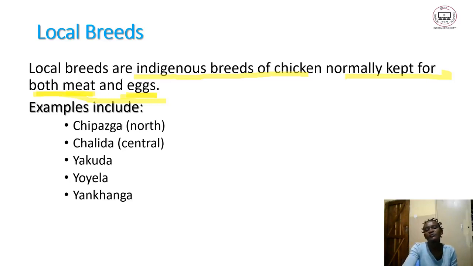So examples of local breeds here in Malawi may include Chipazia, especially north. They call some of the breeds Chipazia. We have Chalinda in central, Yakuda, Yoyela, Yanghang. These are some of the breeds we may find in chicken in Malawi.